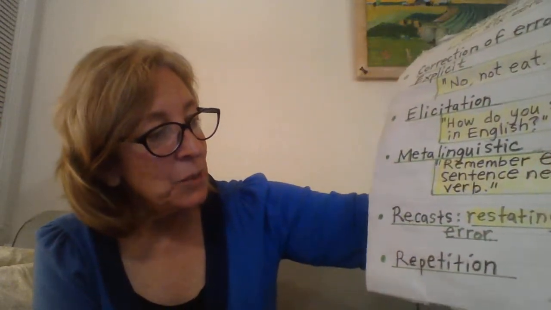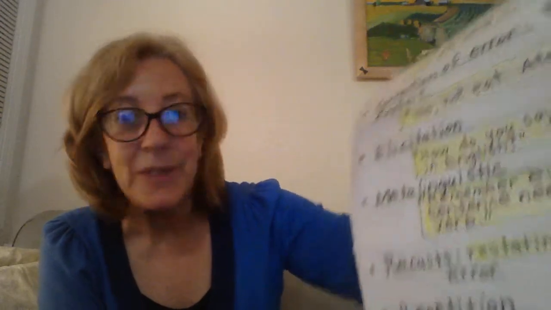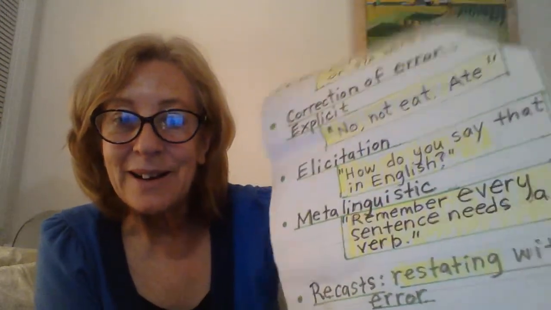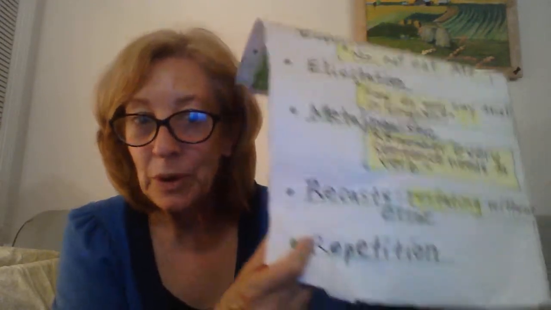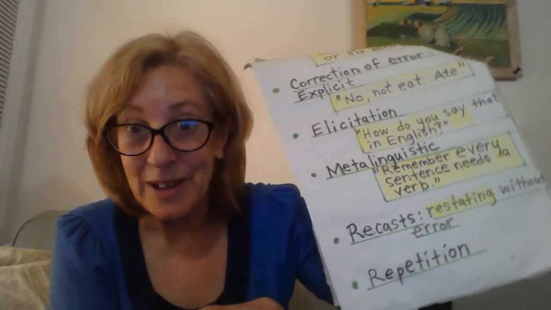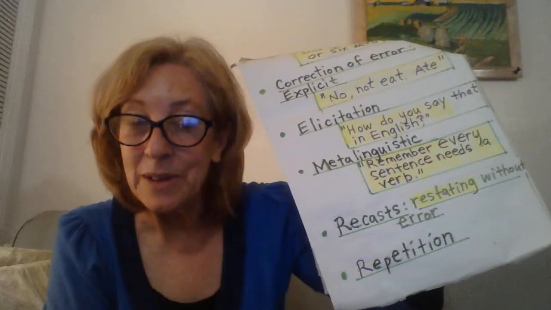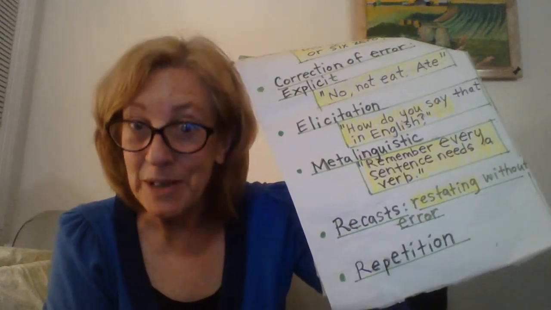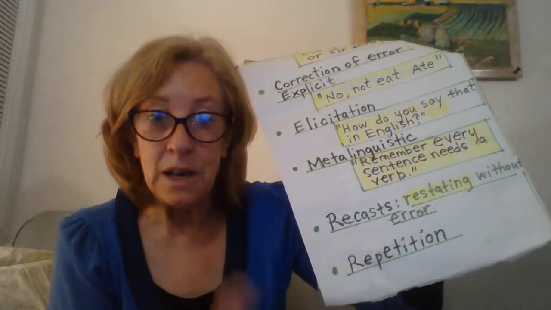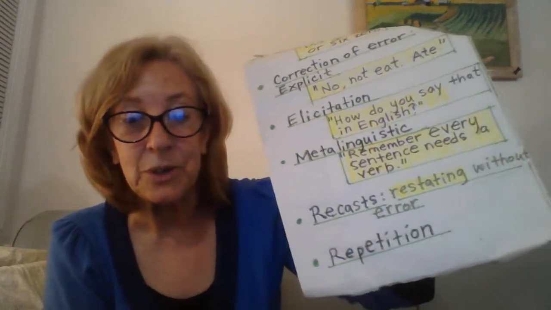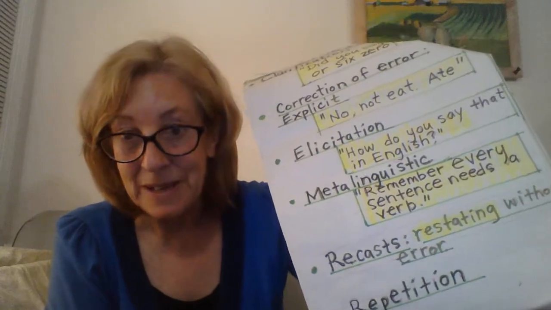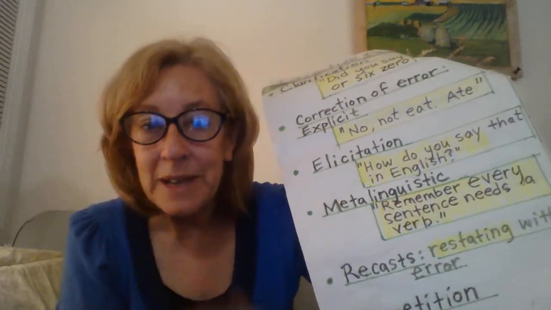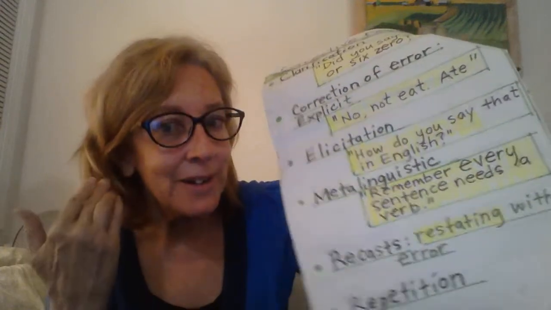And then there is recast, which is restating without the error. For example, "I go to the store yesterday," and then you would come back with, "You went to the store yesterday," and hopefully they would recognize that was a correction. And then repetition would be to restate the mistake that the student makes again, so they can just hear it and hopefully catch it.